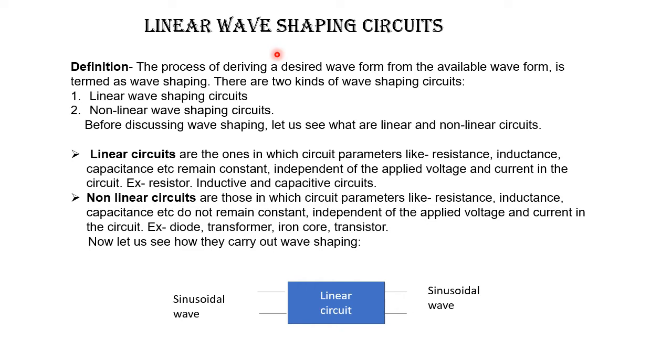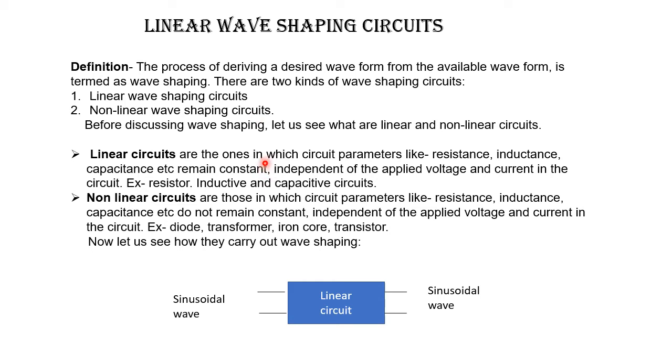as wave shaping circuits. Now the wave shaping circuits can be categorized into linear wave shaping circuits and non-linear wave shaping circuits. Before categorizing them, let us recall what linear circuits and non-linear circuits are.